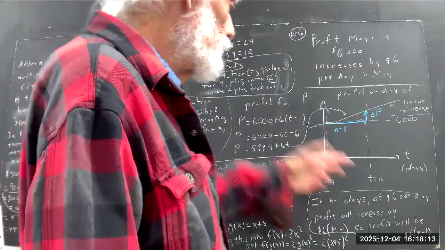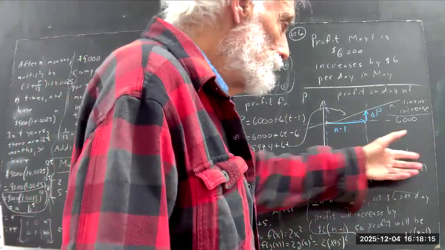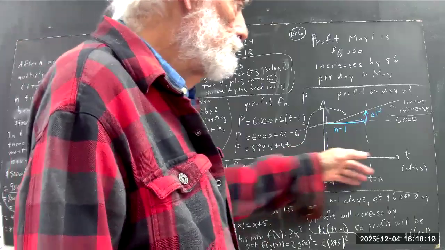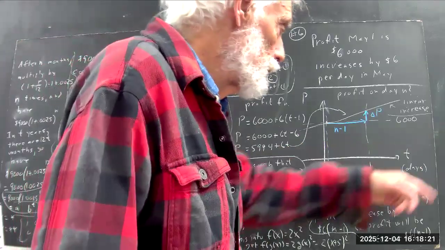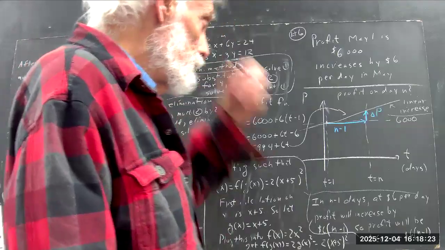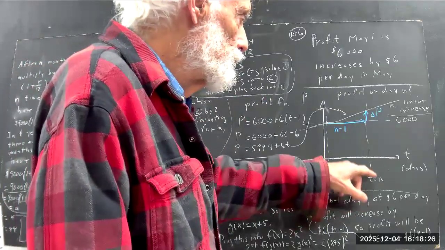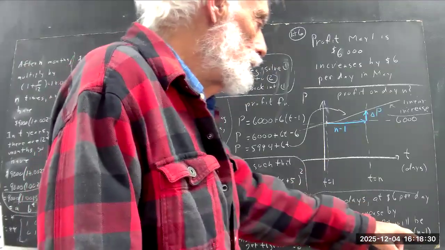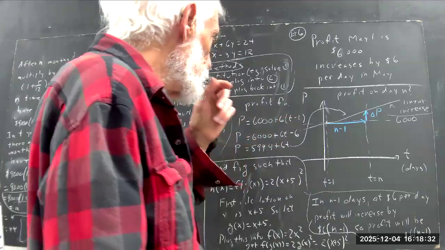Now, why do I use t instead of n? Well, t is our independent variable here. And we started with the assumption that t was equal to n. We figured out what this was, but we might as well just call it t instead of n, so there it is.